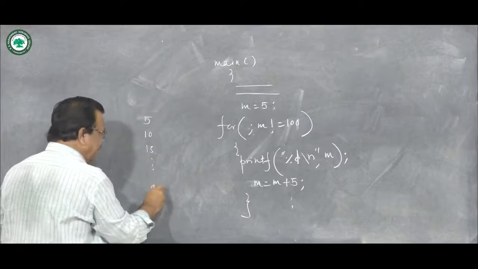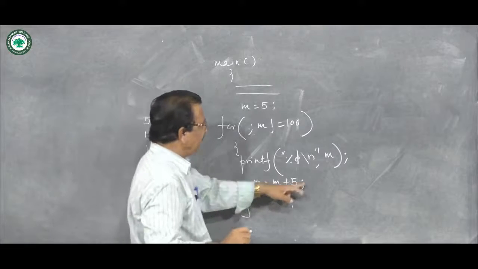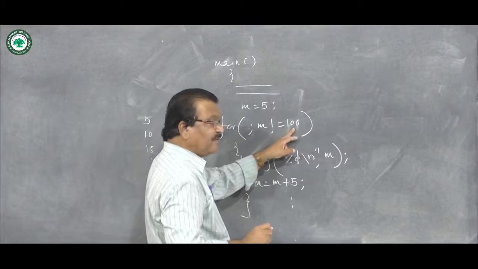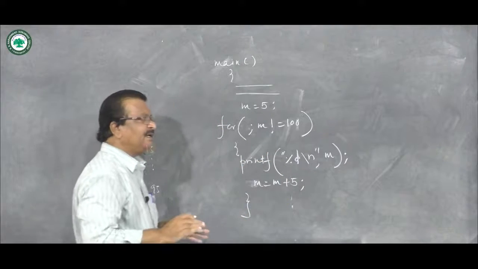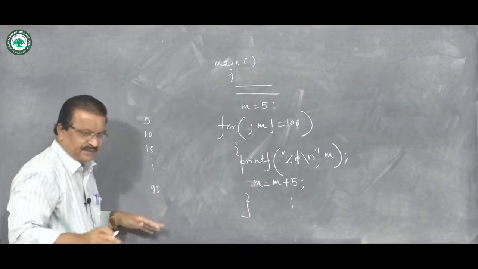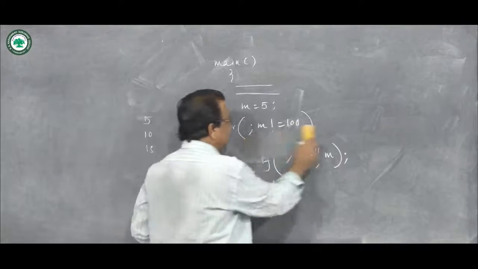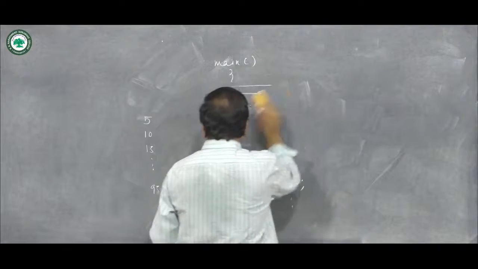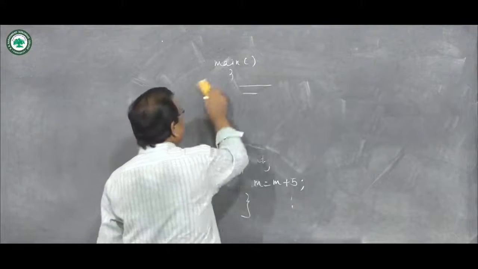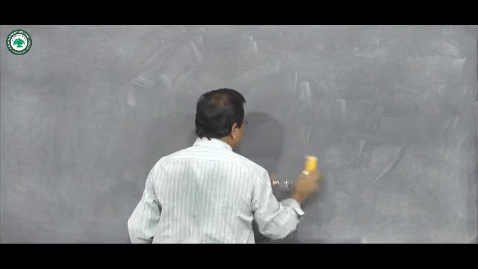It will go up to 95. When the value will become 100, m not equal to 100 will be false and the loop will be terminated. 100 will not be printed. So this is the illustration of another unique feature of for loop.